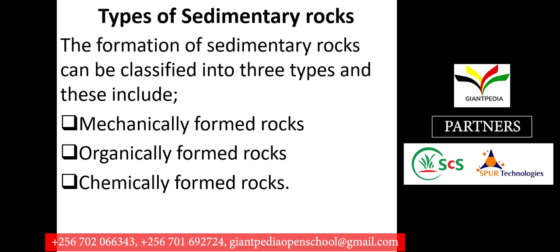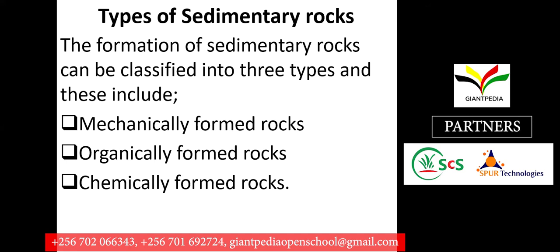Now, the types of sedimentary rocks. The formation of sedimentary rocks can be classified according to three types. These include mechanically formed rocks, organically formed rocks, and chemically formed rocks.